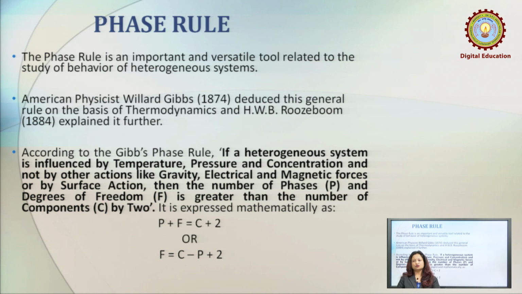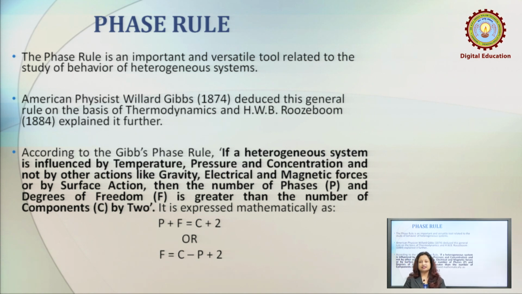So, according to the Gibbs phase rule, if a heterogeneous system is influenced by temperature, pressure and concentration and not by other actions like gravity, electrical and magnetic forces or by surface action, then the number of phases and degrees of freedom is greater than the number of components by 2.